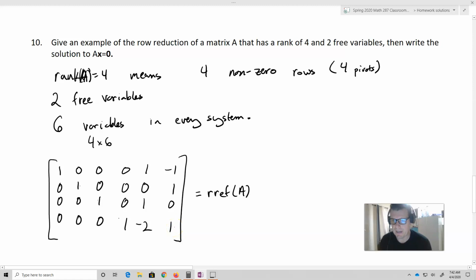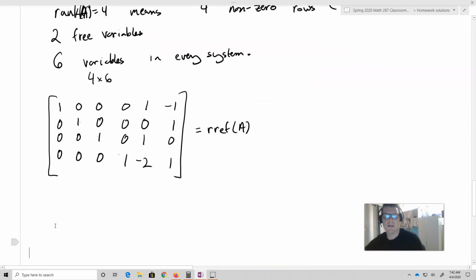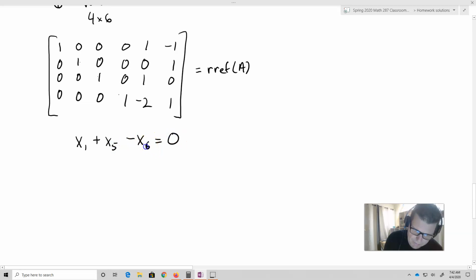Now, what I want to do is write a solution to AX equals 0. So let's do that. What I'll do is first parametrize it. So x1 plus x5 minus x6 equals 0. x2 plus x6 equals 0. x3 plus x5 equals 0.